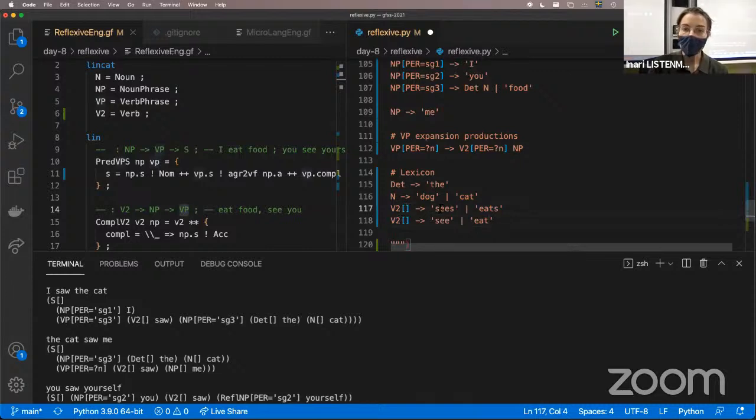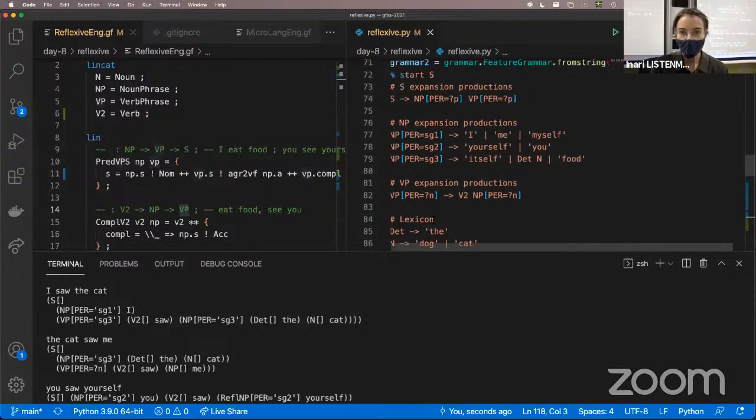Not quite sure if we need to... So this is okay. This should be easy. This is just the person is SG3. C is eats. And how about we don't put anything, so then it's C eat.